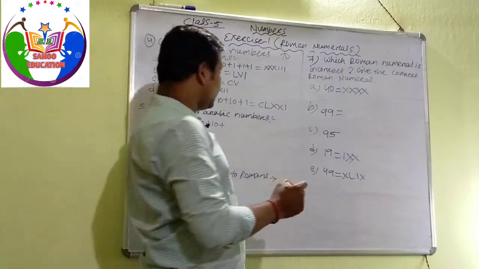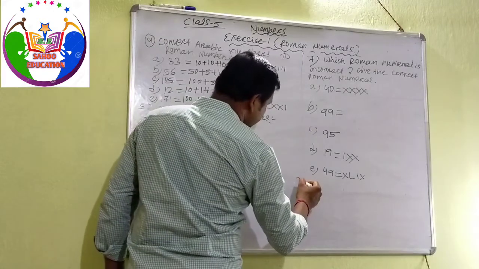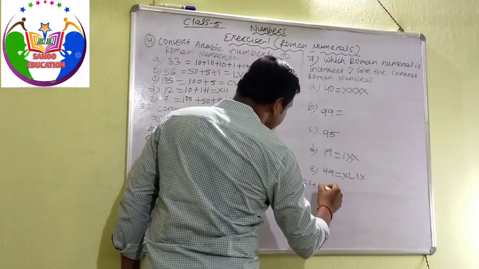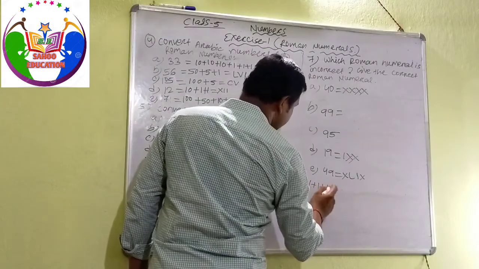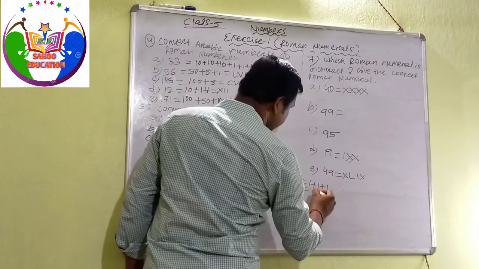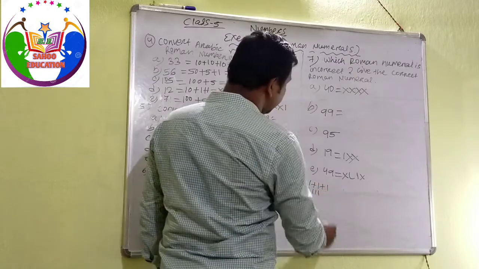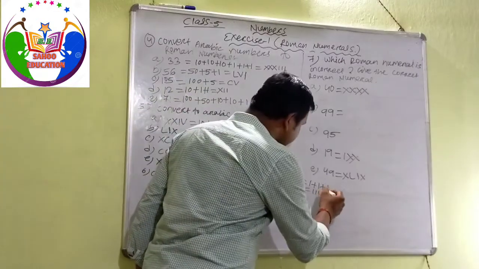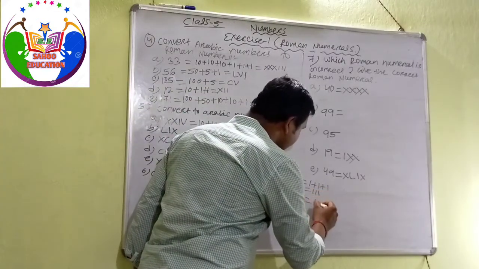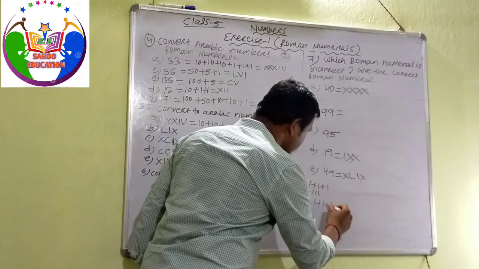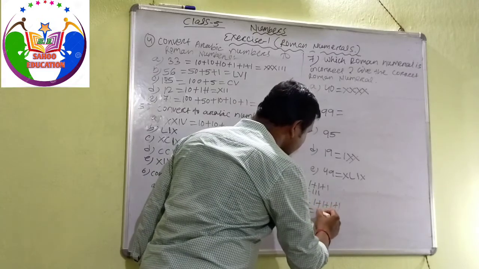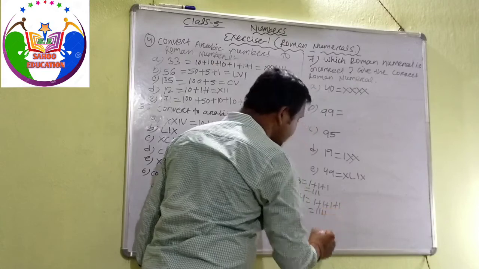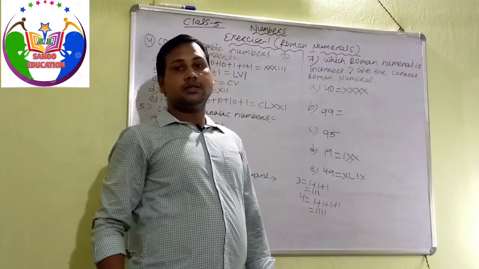Okay, like we'll write 3 as 1 plus 1 plus 1, that is I plus I plus I in Roman. Okay, but we cannot write 4 as 1 plus 1 plus 1 plus 1, that is 4 times I we cannot write.